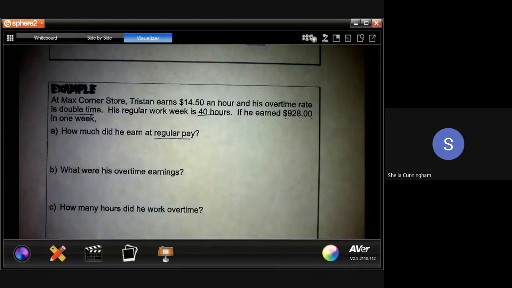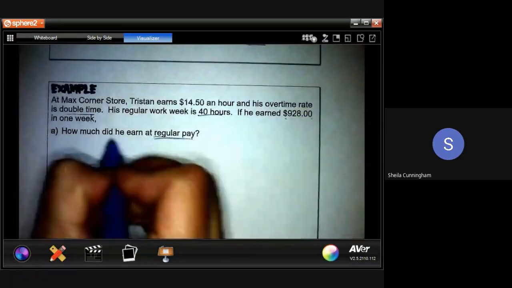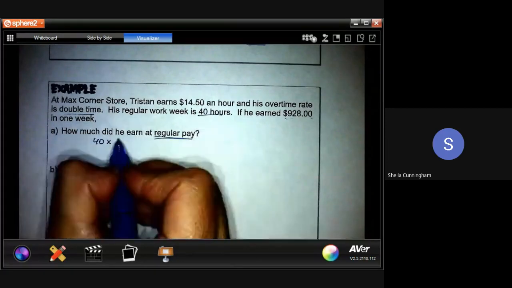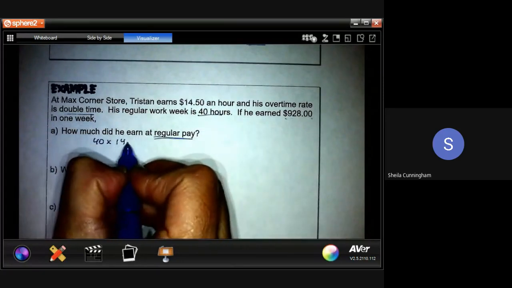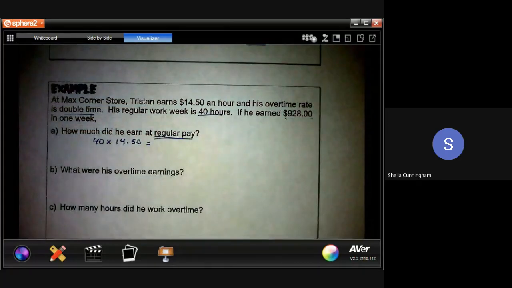Because we don't know if he's worked overtime or not, our first thing is regular pay. Regular pay would mean he would be working his 40 hours at his regular rate of $14.50. Let's see if this amount comes under the 928, because if it does, then we know that he's definitely worked that as regular, and then he may have some extra overtime.